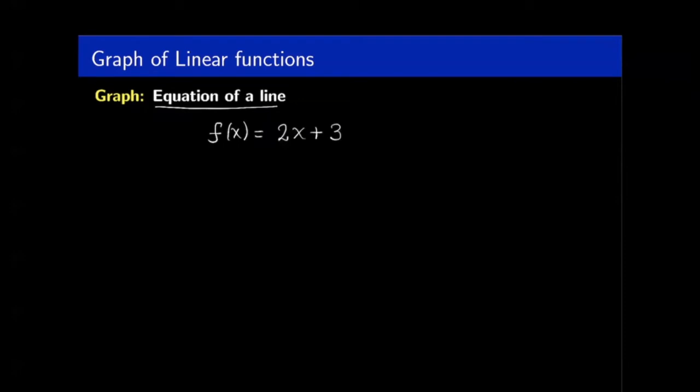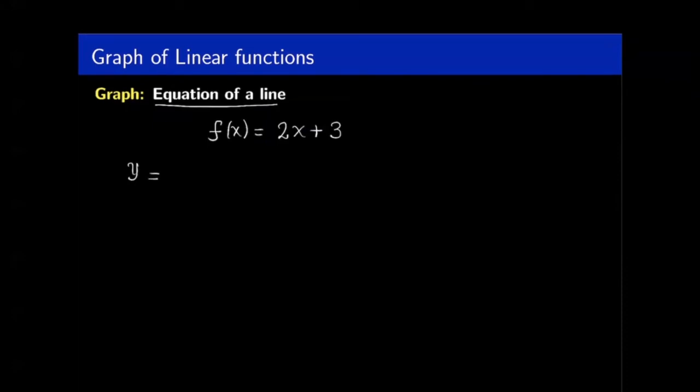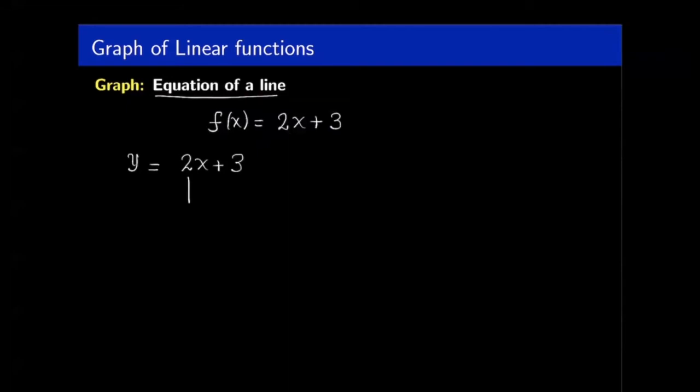As you can see, this function is written in slope intercept form. When the function is given in this form, this constant is the slope of the function, and this constant is the y-intercept.